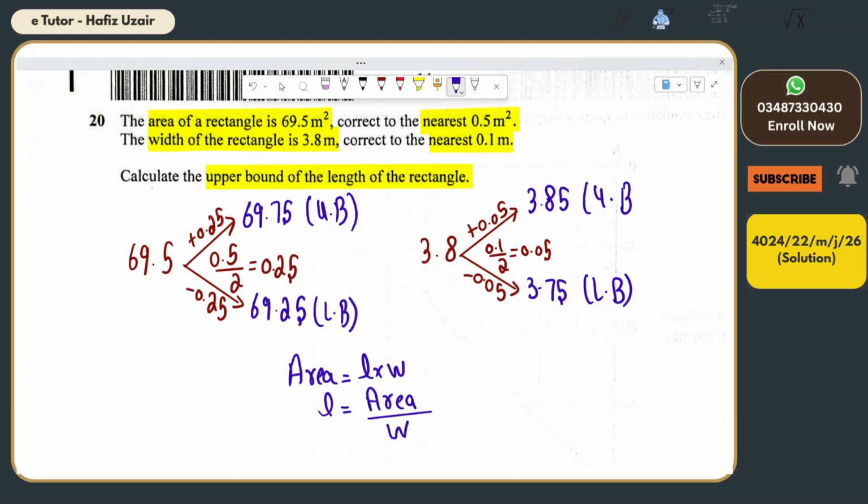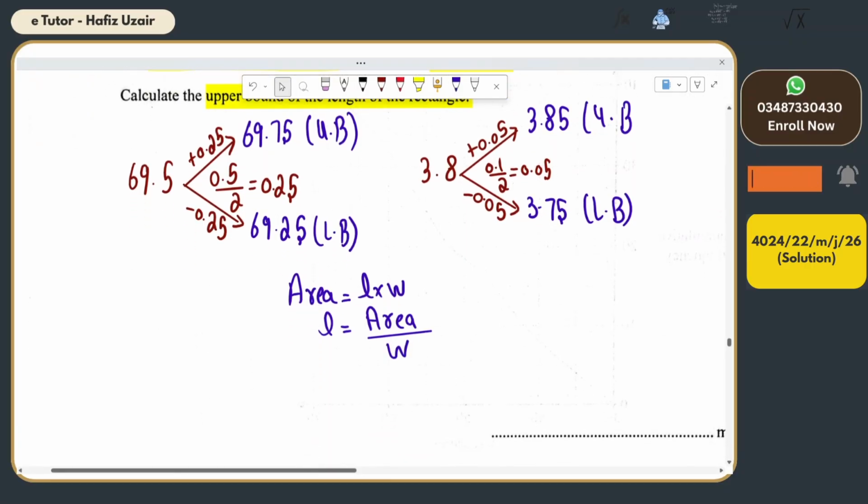You need to find the upper bound of the length of the rectangle, so draw an arrow toward the top. That means you take the upper bound of area and the lower bound of width.